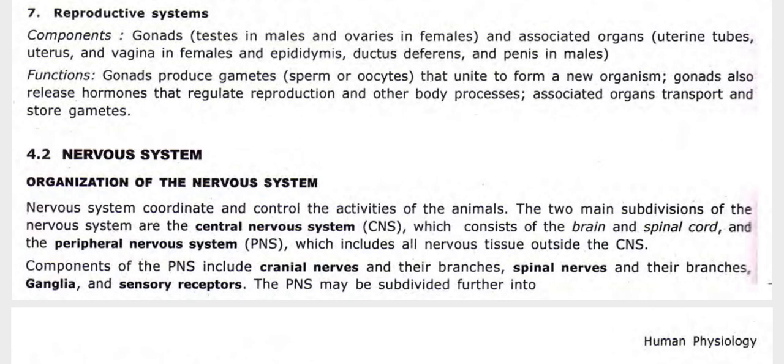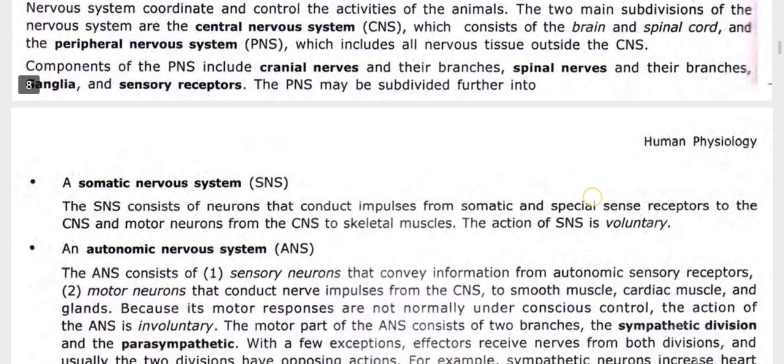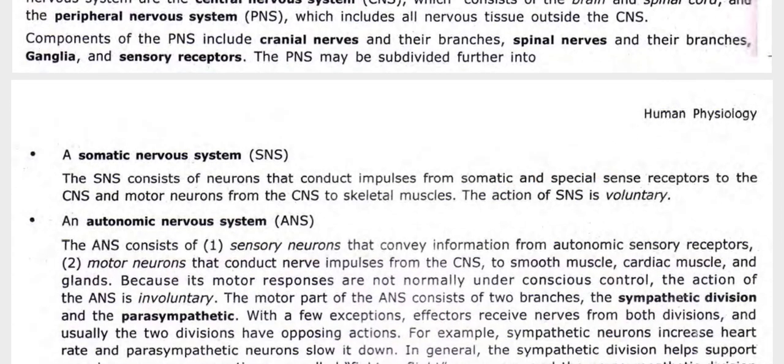Components of the peripheral nervous system include cranial nerves and their branches, spinal nerves and their branches, ganglia, and sensory receptors. The peripheral nervous system may be subdivided further into the somatic nervous system. The somatic nervous system consists of neurons that conduct impulses from somatic and special sense receptors to the CNS, and motor neurons from the CNS to skeletal muscles.